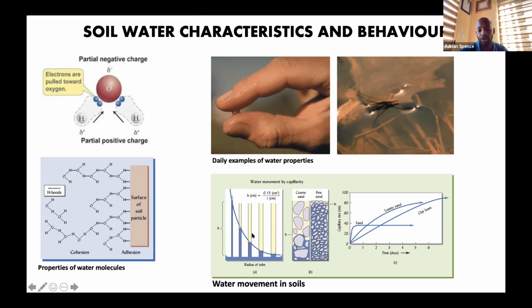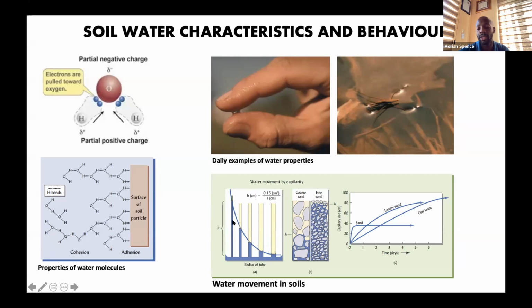Now, when all of these forces combine, this allows water to move within the soil. The movement of water through the soil column is termed capillary water. And again, it is a function of the physical property of the soil. So if you look at your coarse sand here, bigger particles with bigger pore space, then the movement of water up this column is a little bit retarded compared to your fine sand or a clay mineral, where the particles are much smaller, and that creates a much more narrow bore for the water to move through, which is also depicted here.